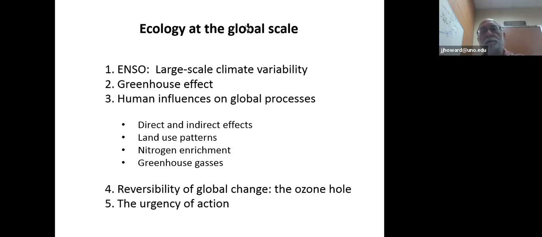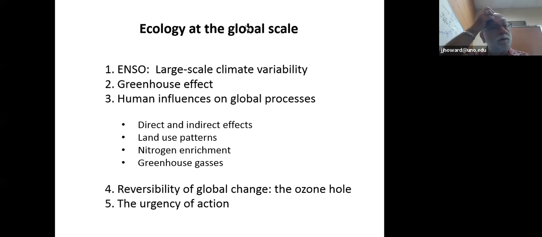Then we will kind of turn it around and look at how humans, with their relatively small scale activities, affect the global processes. First, we'll give you a kind of a flow chart to show you how human processes directly or indirectly affect several things that we're interested in, like global biodiversity and climate.